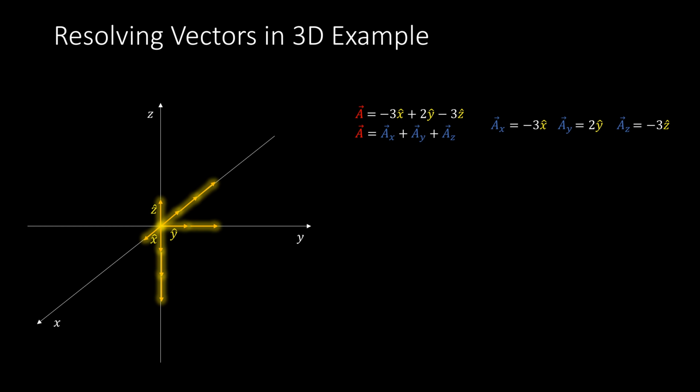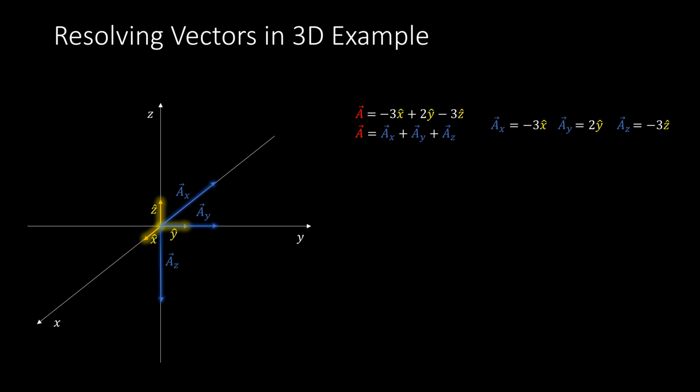Now, instead of these unit vectors, let's draw the corresponding component vectors: A_x, A_y, and A_z.